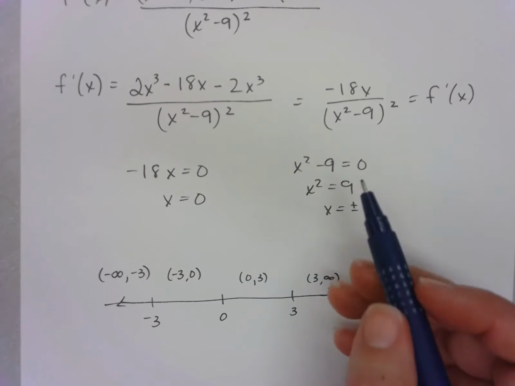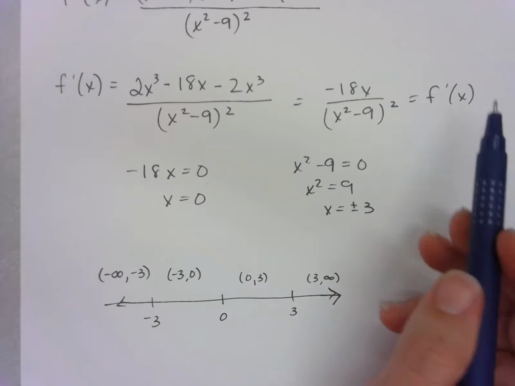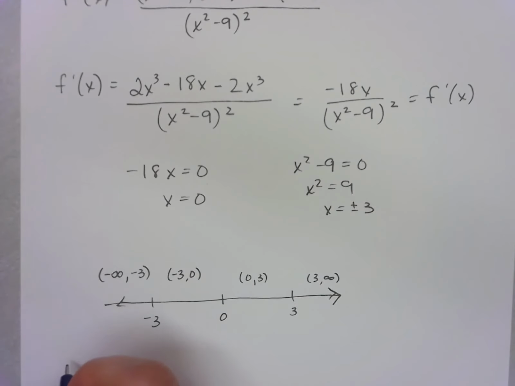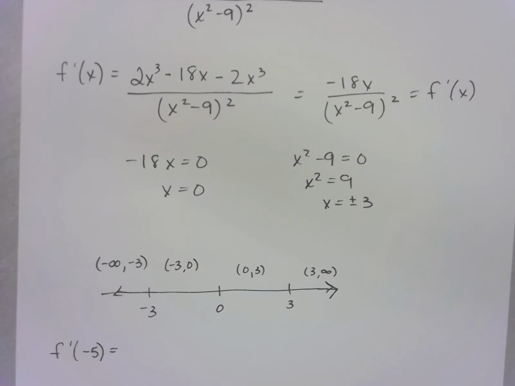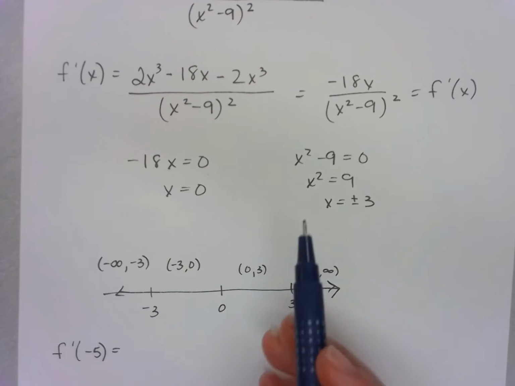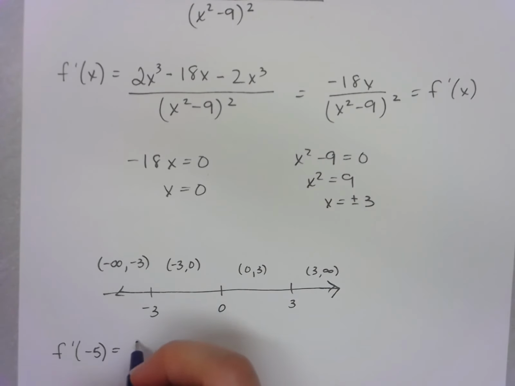And we're going to use this nice, neat f prime to do it. So I'll just try f prime of negative 5. So I'm going to do just like I did before with inequalities. It's the same process. It's not really an inequality, but we just really care about whether it's positive or negative. So if I plug in negative 5, then my top will be positive because a negative times a negative is positive.